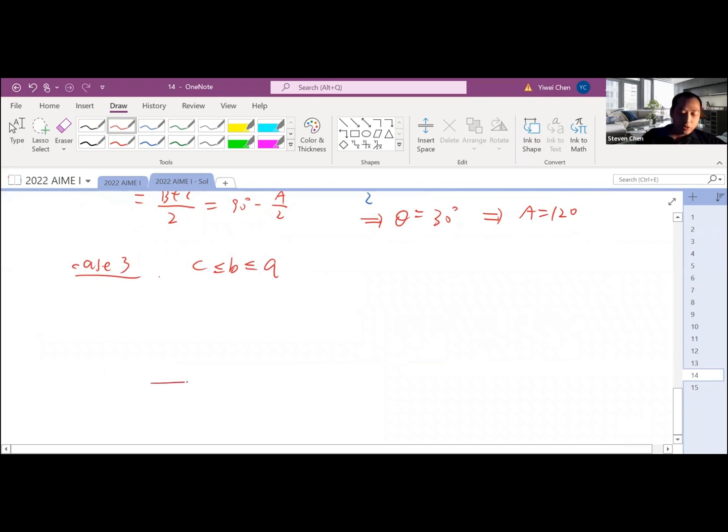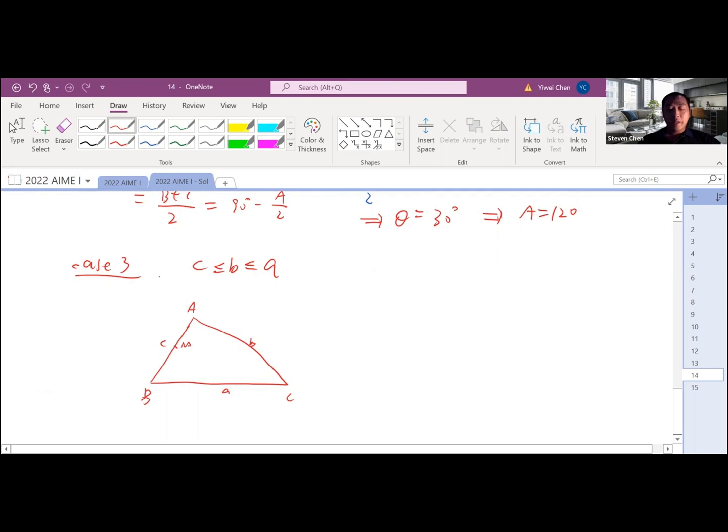Yeah, again, let's first draw the graph. So A, B, and C. Okay. All right. So first, let's start from the splitting line that passes through the midpoint of AB, that is M, right?